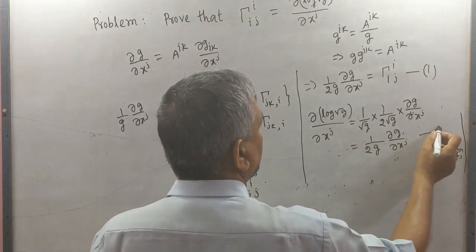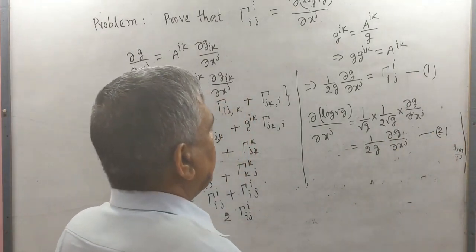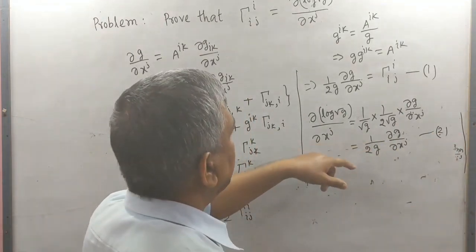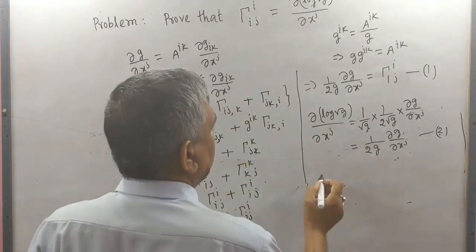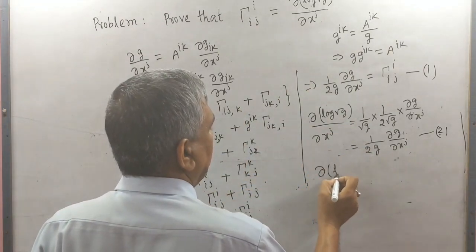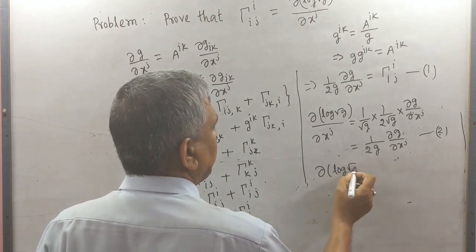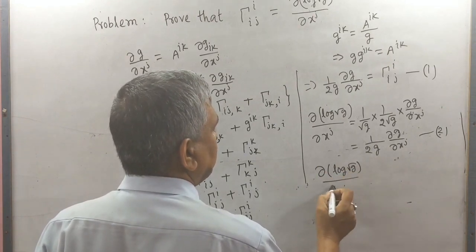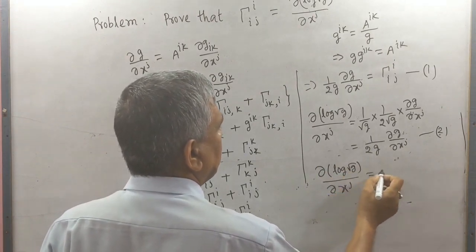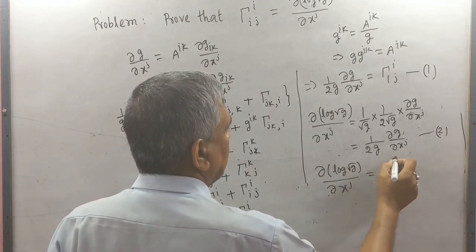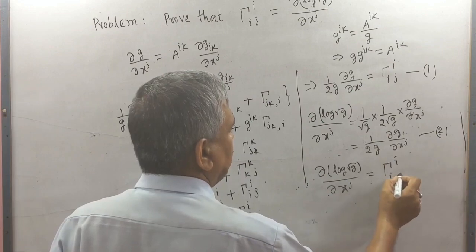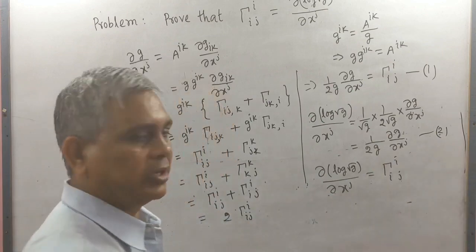This is number 2. From 1 and 2 we see that this is equal to this. So del log square root g by del xj equal to the Christoffel symbol of the second kind, hence proved.